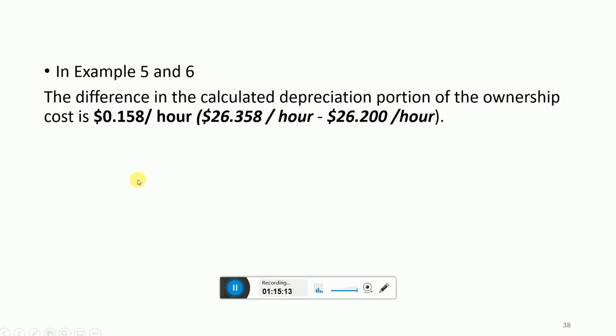So in examples 5 and 6 which we have done, if we subtract both, this was the cost for the time value of money, and this is through the average annual investment method. So the difference is $0.158 per hour in the ownership cost.